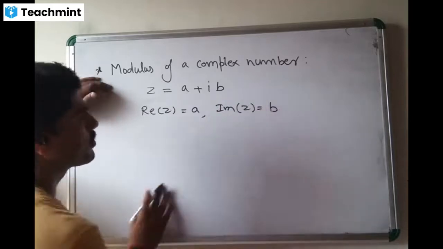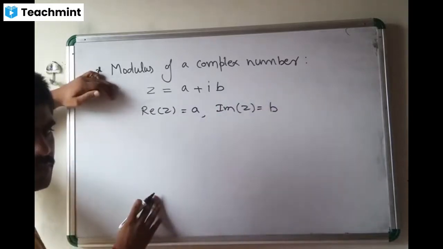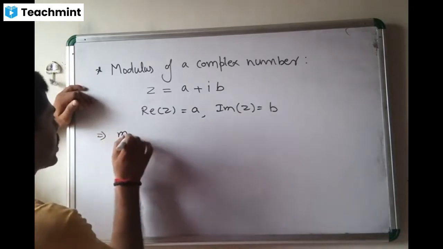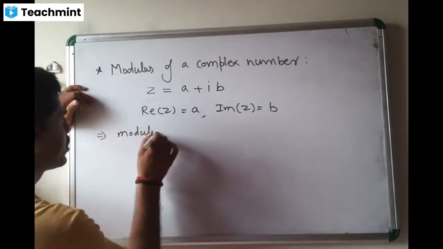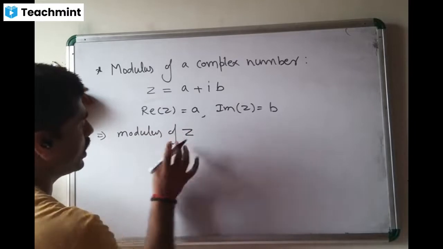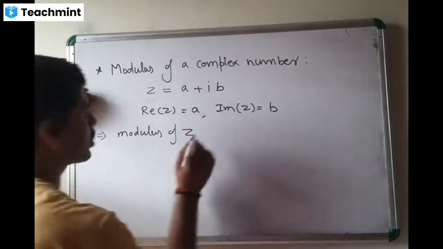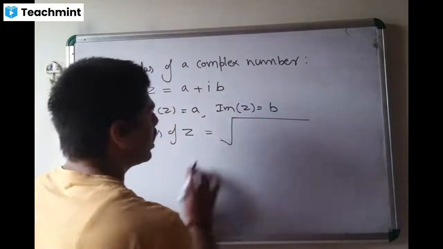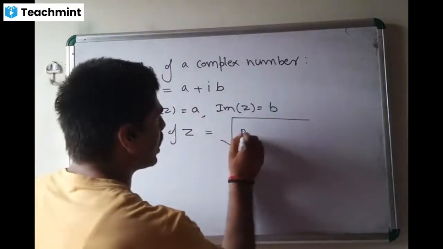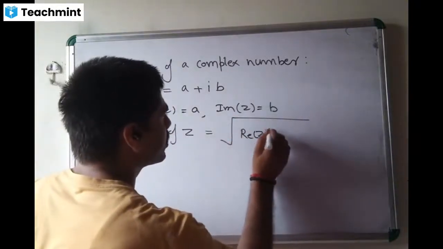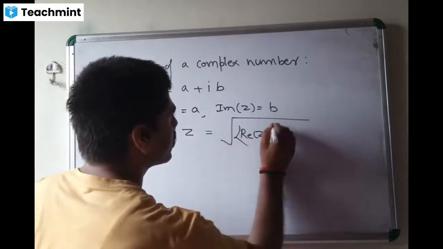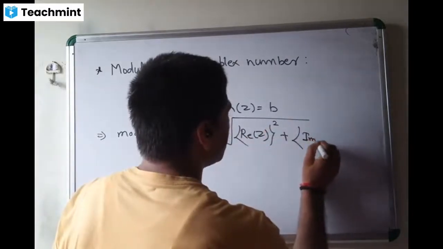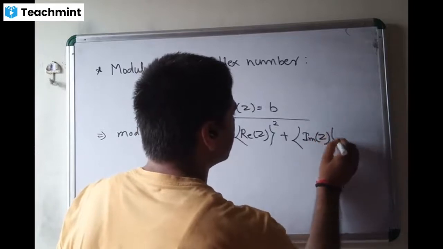Tell me, yes or no? Yes, sir. So to find the modulus of complex number, modulus of z is equal to under root square of the real part plus square of the imaginary part.